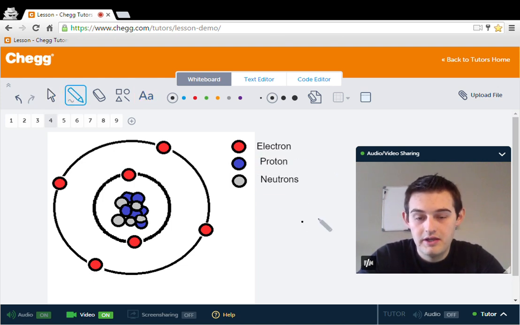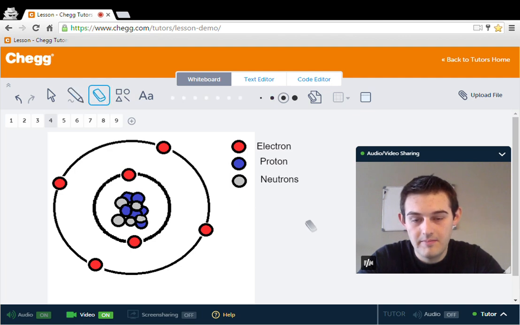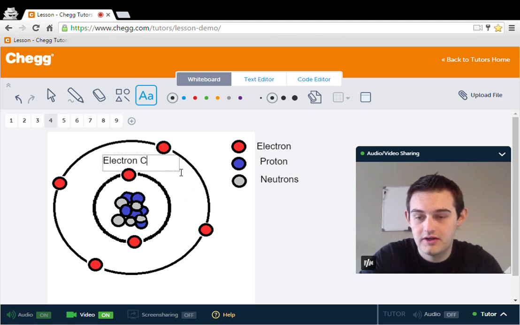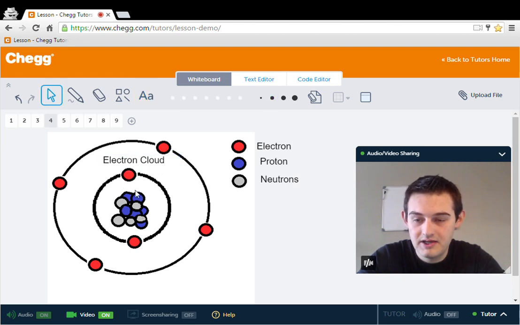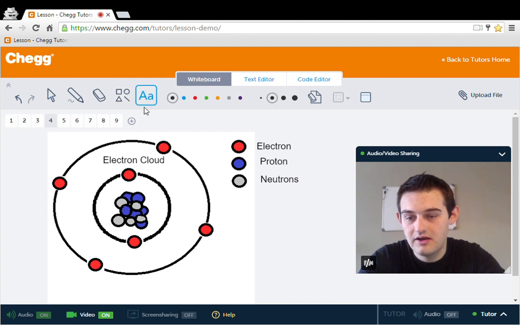So in the atom here, we have the electrons on the outside, what we call the electron cloud. Let's go ahead and label that as the electron cloud. And then here in the middle, where we have the protons and neutrons, we have another important part of the atom, which is called the nucleus.